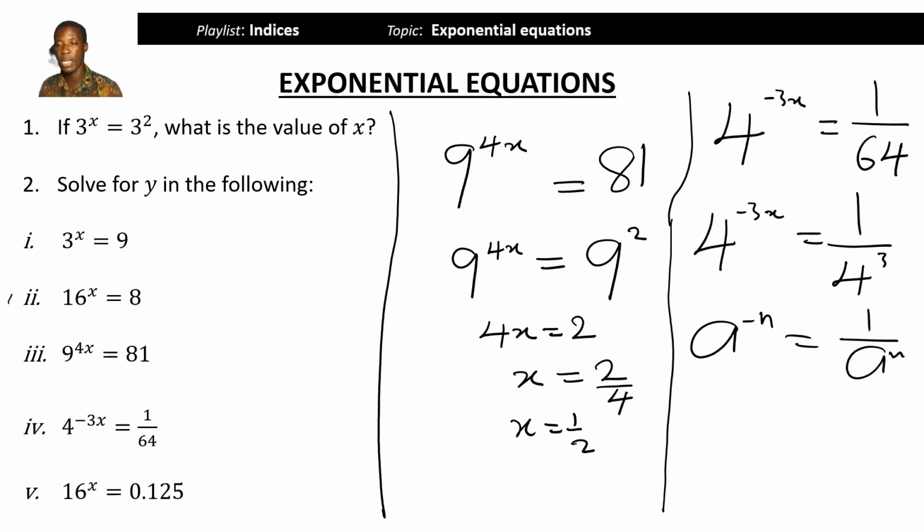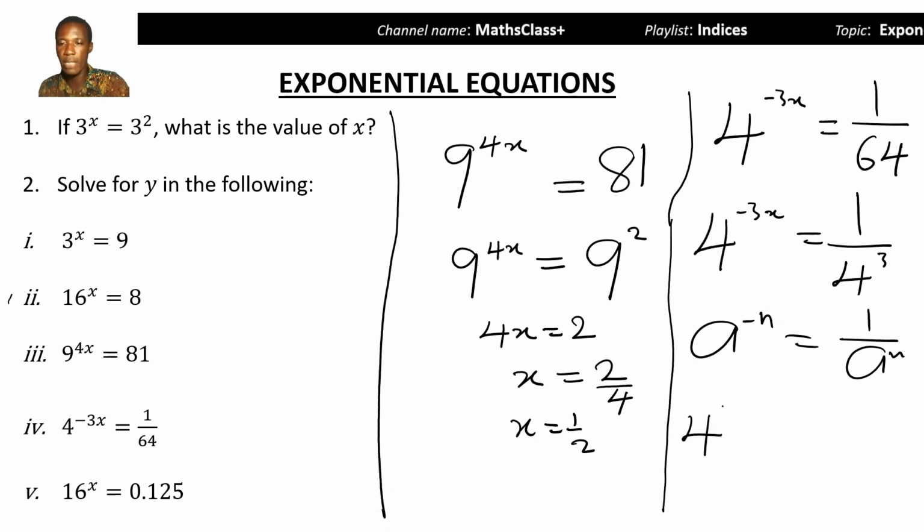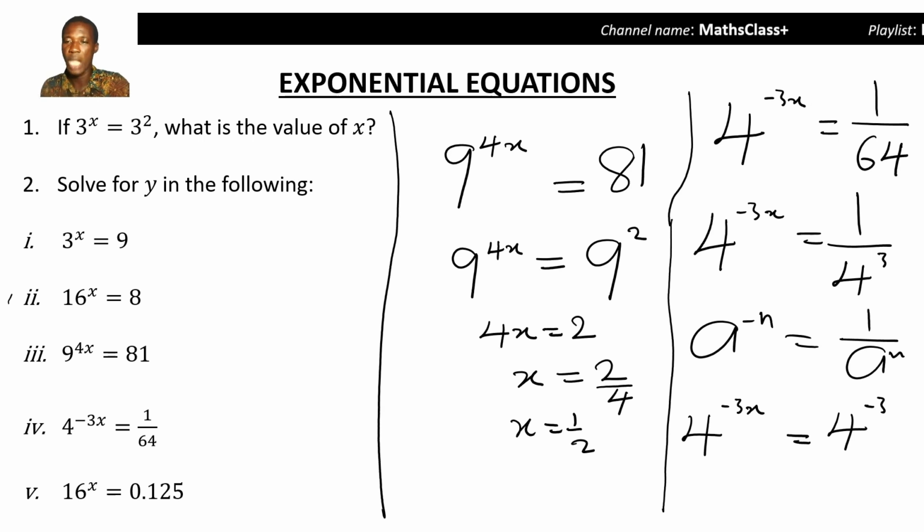I hope you remember that. So we are going to convert this into this form. Okay, so we have 4 to the power negative 3x is equal to 4 to the power negative 3. I hope you agree. Good.